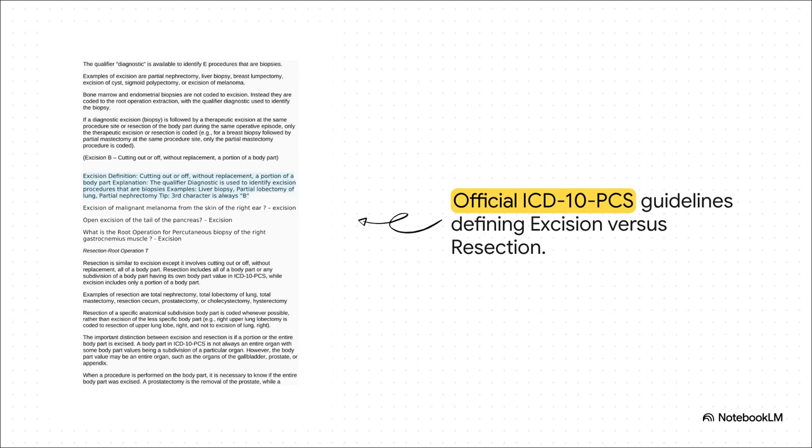It's the exact same story for DRGs 711 through 714. A radical inguinal orchiectomy for germ cell tumors is a resection, while a simple scrotal orchiectomy for something like a severe infection is coded completely differently. We also have to keep an eye out for other root operations, like insertion for penile prostheses treating severe erectile dysfunction, or repair for things like an acute penile fracture or testicular torsion requiring a bilateral orchiopexy.